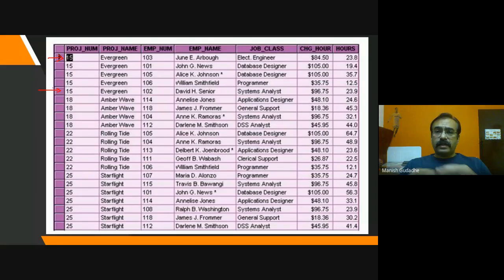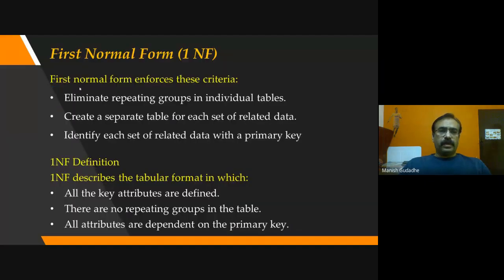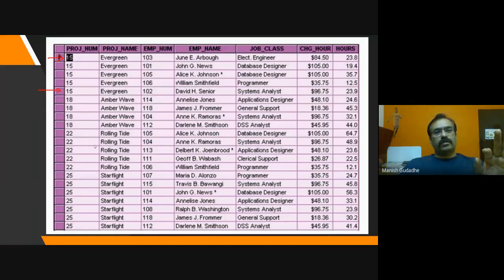We should have an entry in every cell. There may be redundancy, but we should have an entry in every cell. Again I am repeating, it eliminates the repeating groups for individual tables, creates a separate table for each set of related data, and tries to identify the primary key. So this is our first normal form, comparatively very simple.